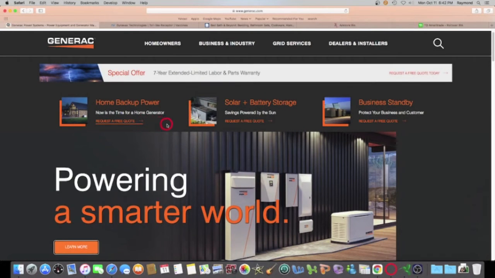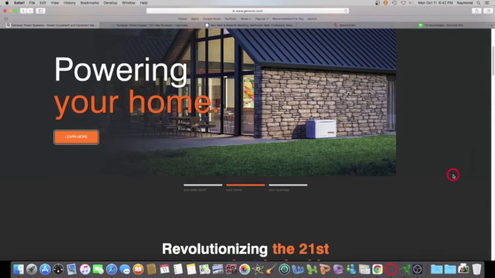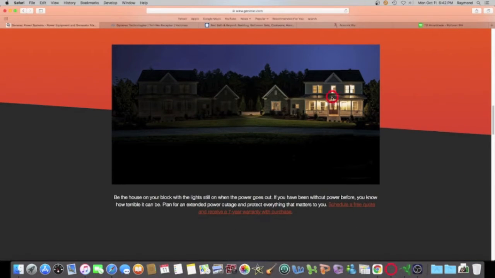They have generators, and also generators with solar and battery storage. They even have a picture, I believe, down here showing the house with the generator and the house without.